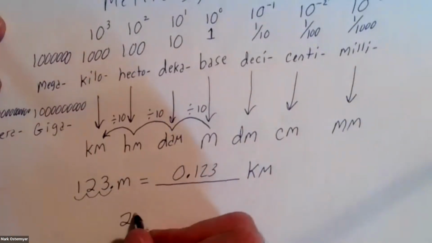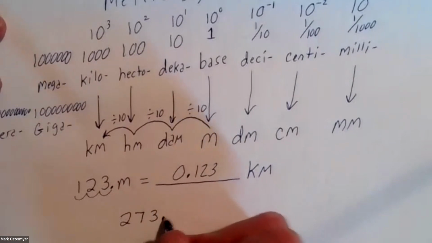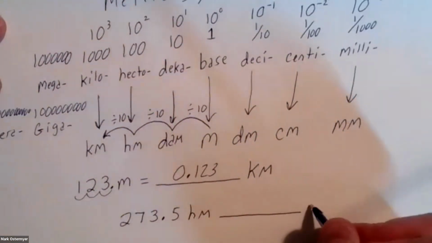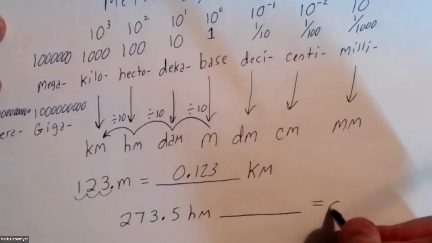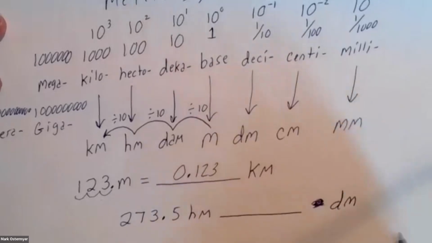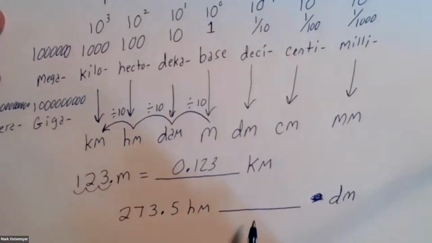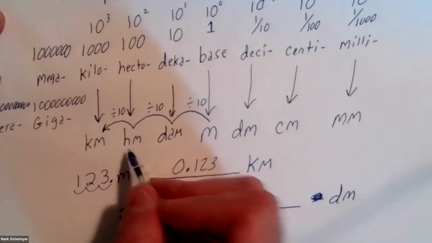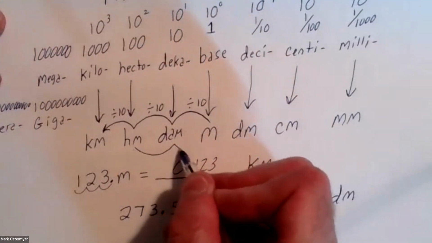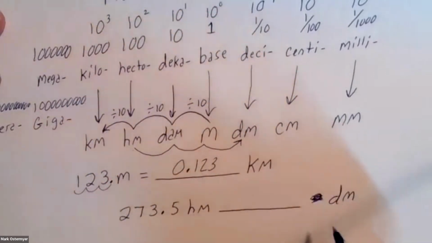So if I have 273.5 hectometers, and I want to convert that to, let's say, decimeters, how would I do that? How do I convert hectometers to decimeters? Well, I put my pencil here and I go from hectometers to decimeters. I got to shift my decimal point 1, 2, 3 places to the right.